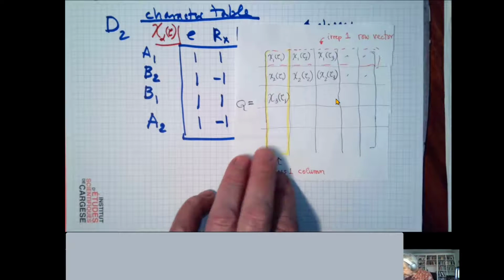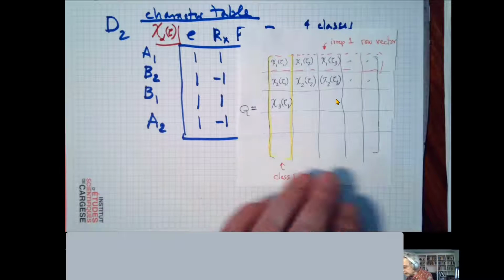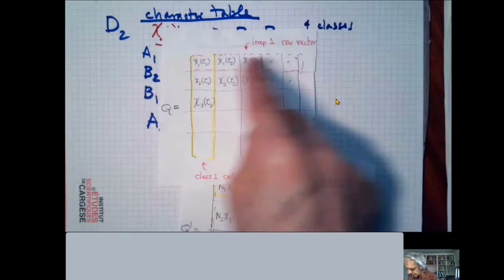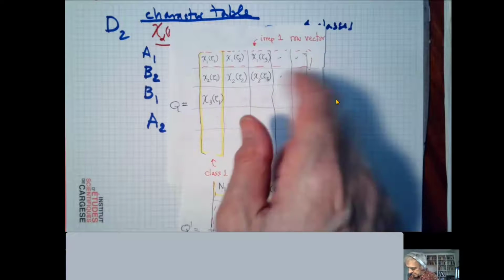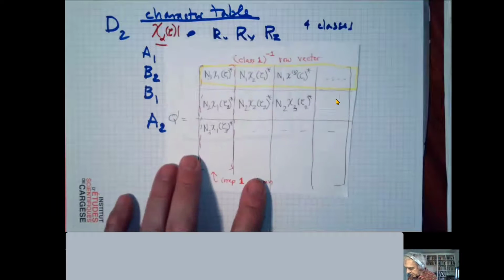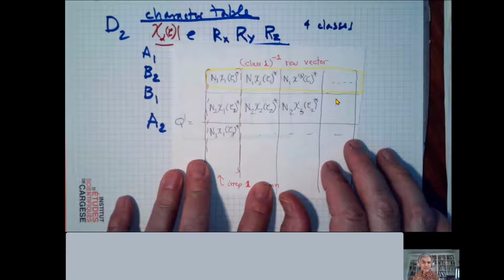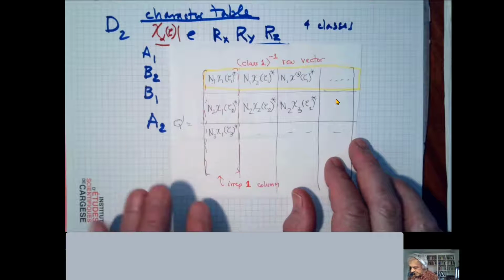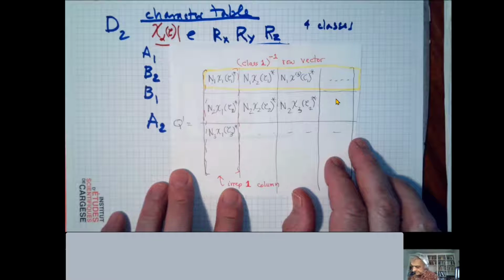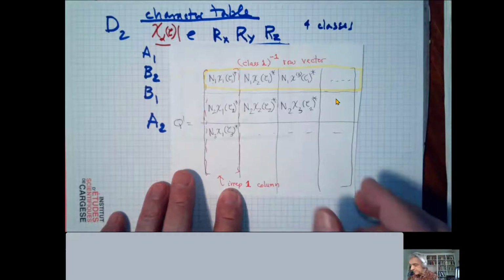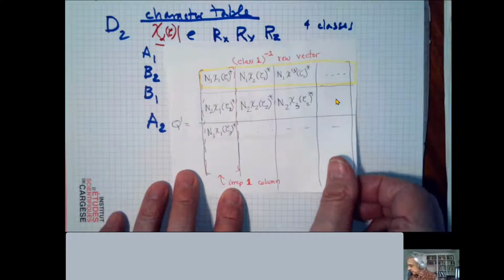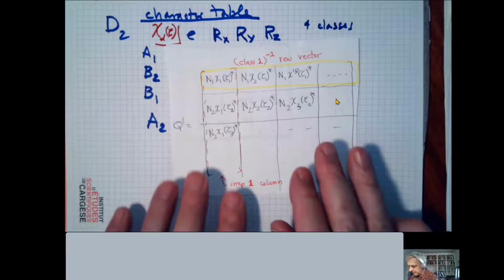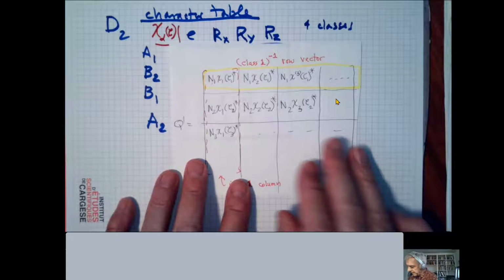And then there was this awkward thing. It says, well, I can rearrange them in such a way that I turn rows into columns, so yellow column into yellow row, and then I count how many elements I have in a given class. And yeah, it's another matrix you can write, but we got the second orthogonality relationship from it. I just want to make it very clear that these are unitary transformations.